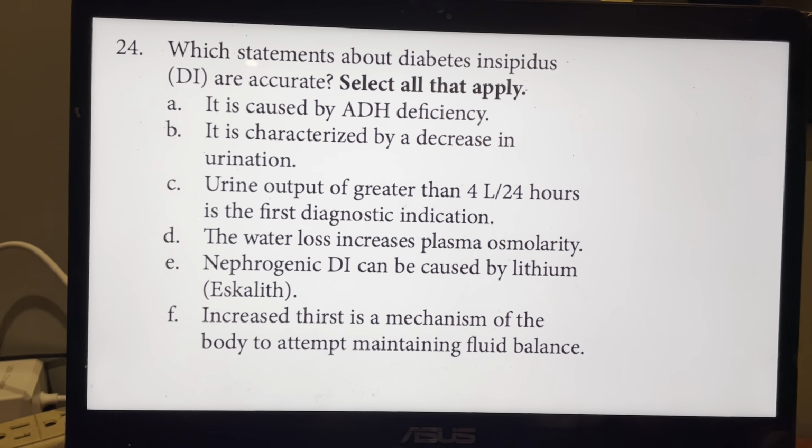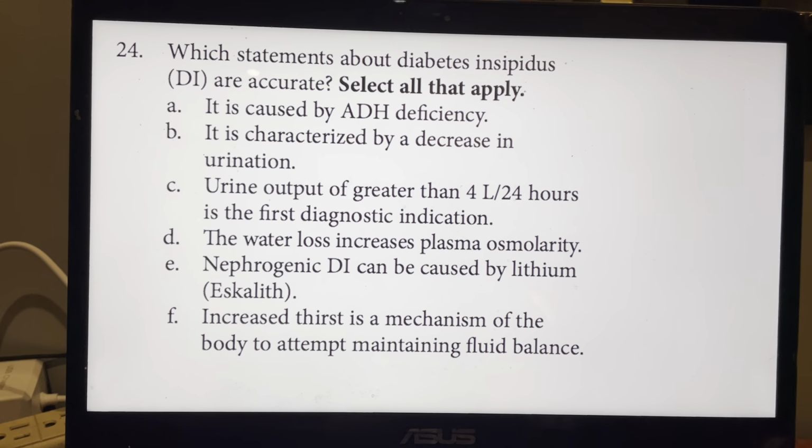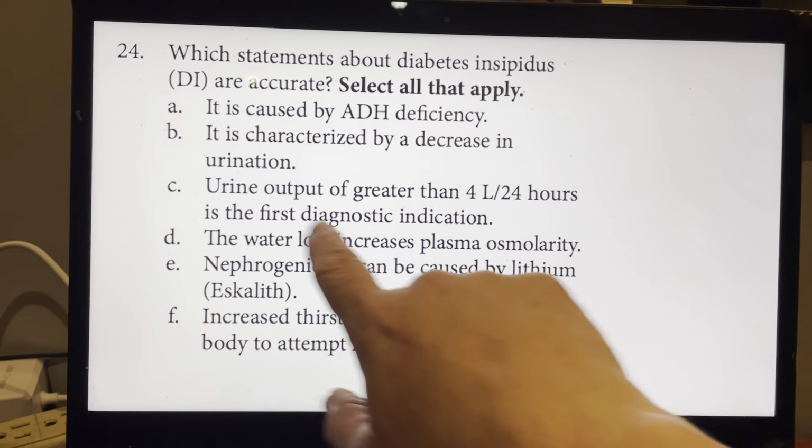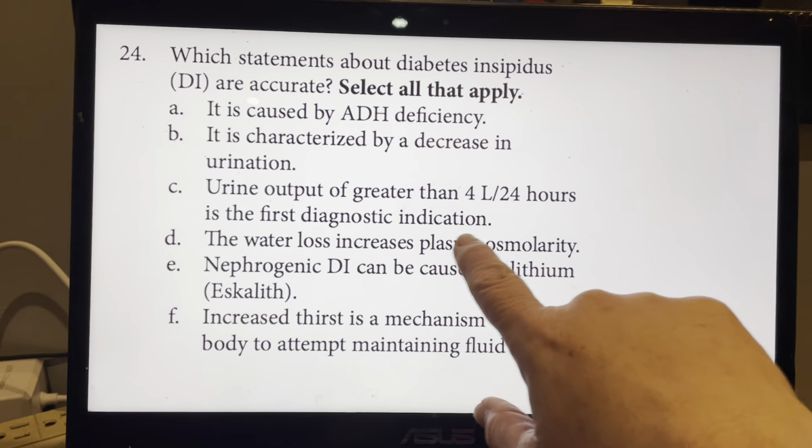What statements about diabetes insipidus are accurate? It is caused by ADH deficiency. By golly, you're going to know that. It's characterized by decreased urination. Urinary output greater than 4 liters in 24 hours is the first diagnostic indication.